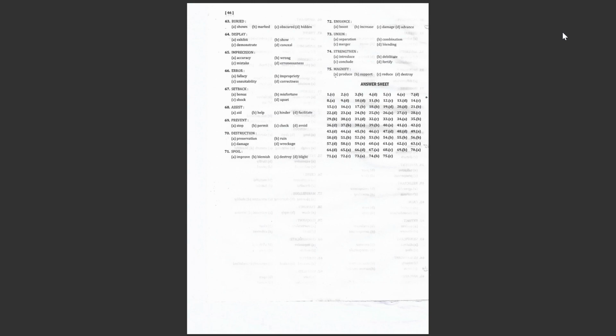And upset का मतलब होता है परेशान हो जाना. तो इसका करेक्ट एंटोनिम would be option number A, bonus. Word number A, bonus, would be the correct antonym of this.